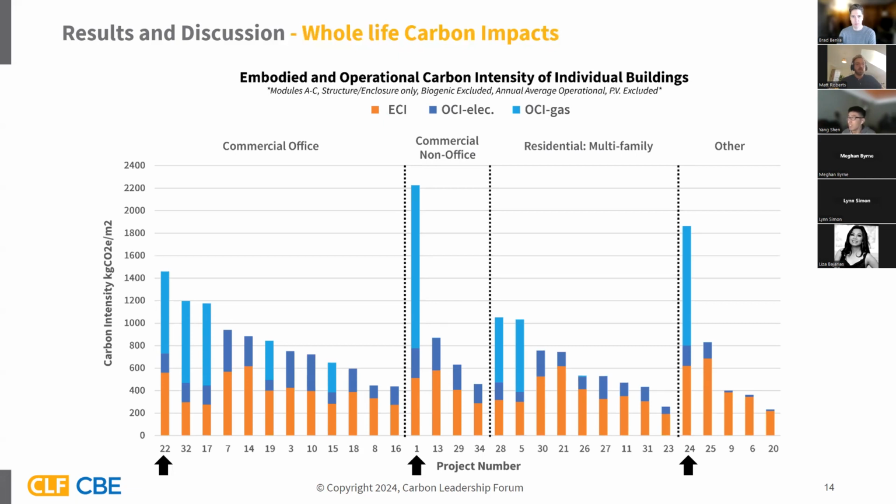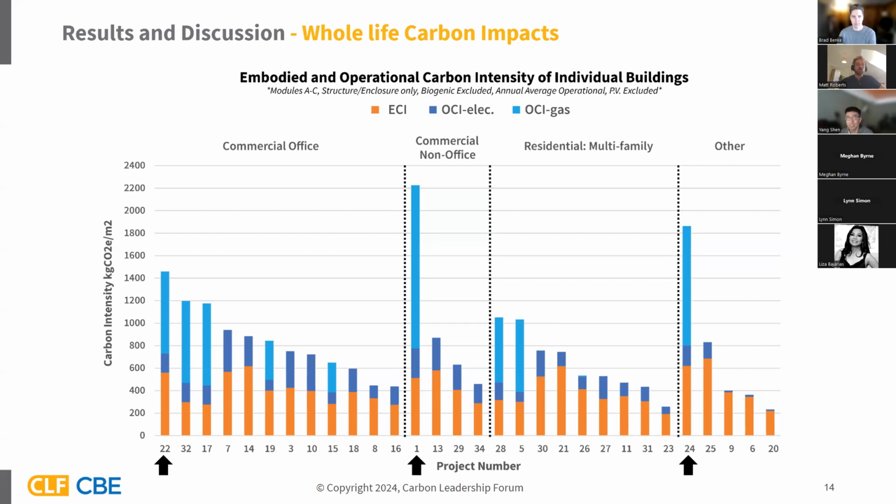ECI means the embodied carbon intensity, OCI means the operational carbon intensity, and WLCI means the whole life carbon intensity. So this slide demonstrates the embodied and operational carbon intensity for all the individual buildings categorized by the 4 different building use types, which are commercial office, commercial non-office, residential multifamily, and other types.